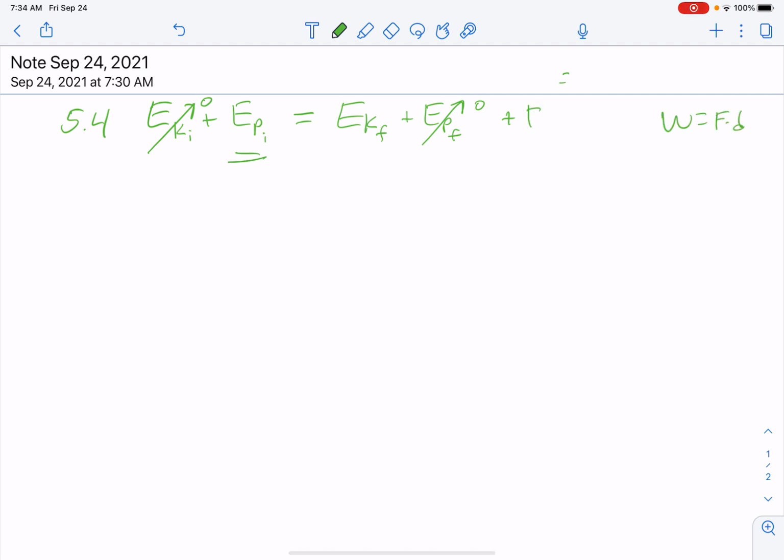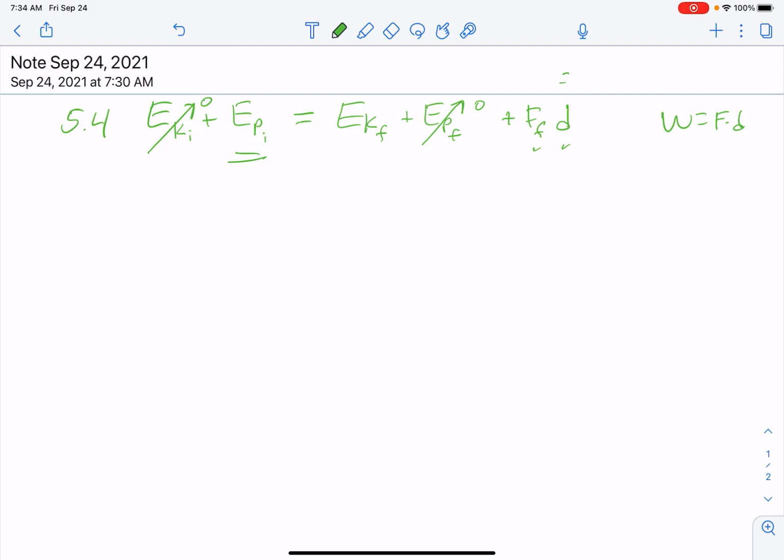So we'll have the force of friction times the distance down the plane. Please note that d here is the hypotenuse of the triangle, shaded in blue, not 10 meters. And of course, to do this problem, we would have to know one of these two terms, that one or that one.